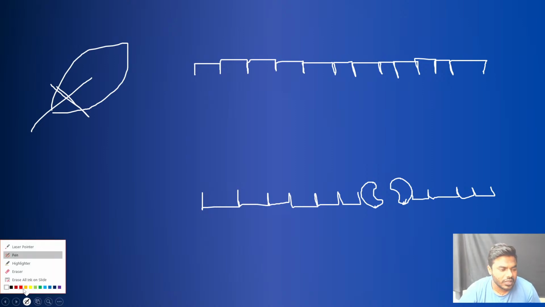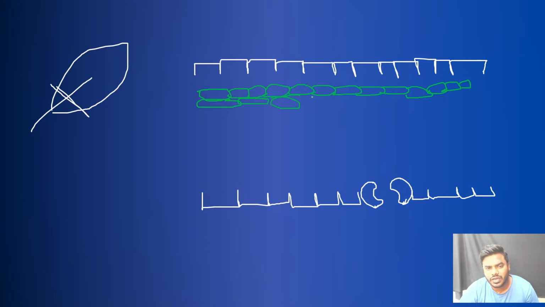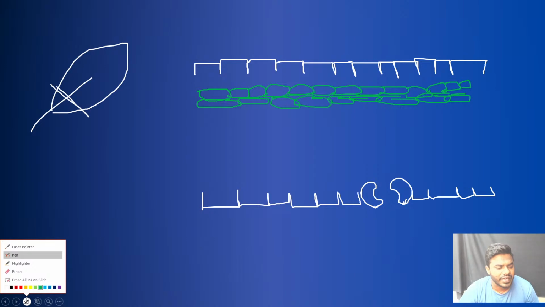And friends, all the students listen to me carefully. Here what kind of cells are there, friends? Palisade mesophyll. Whenever I use the word palisade mesophyll, this is also asked as a question in the exam. Palisade mesophyll cells are associated very tightly with each other, and they do not have any intercellular spaces because they are very tightly associated.